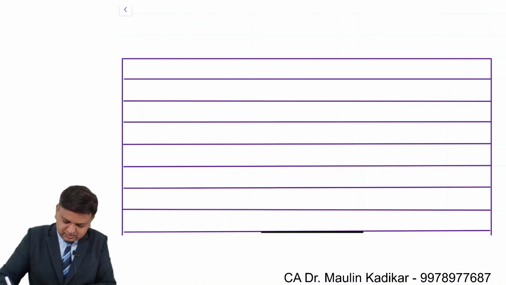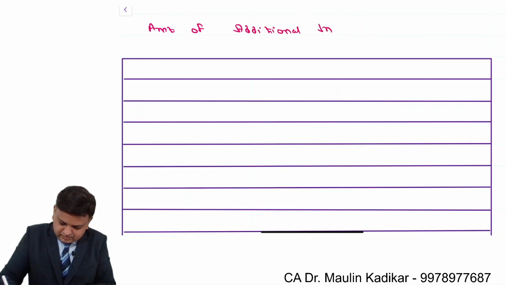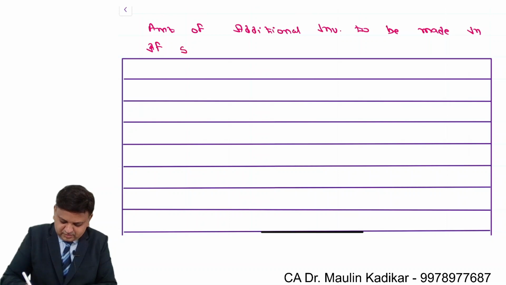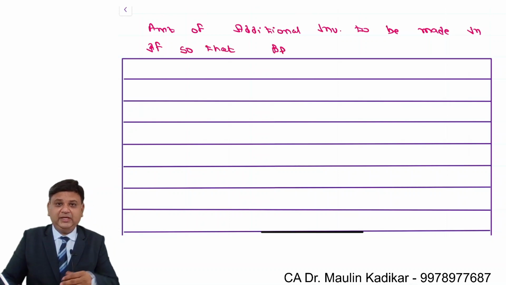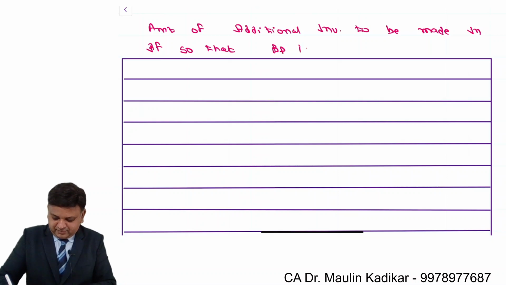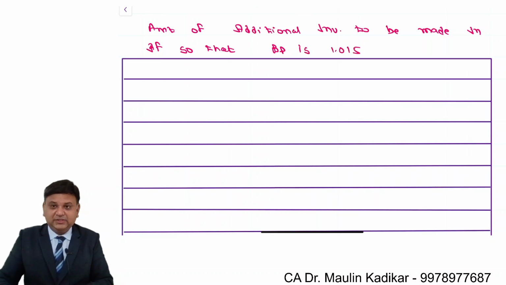So the written answer: amount of additional investment to be made in RF so that beta of the portfolio is 1.015.